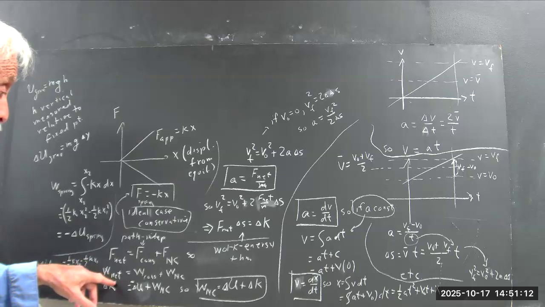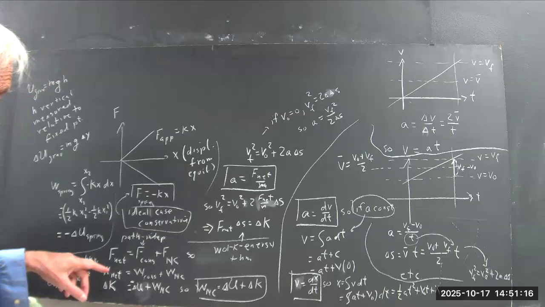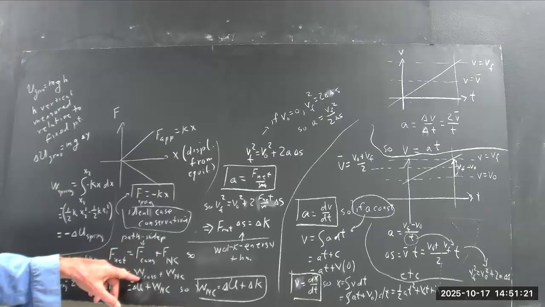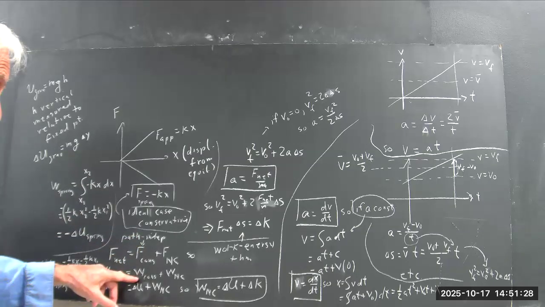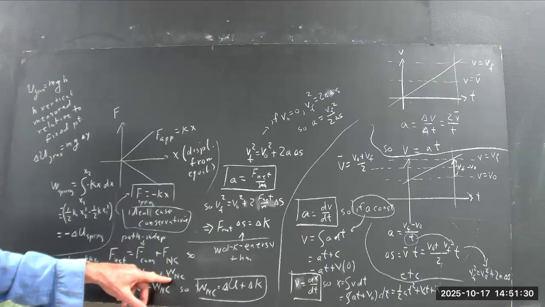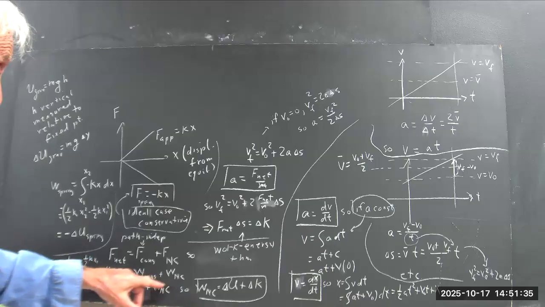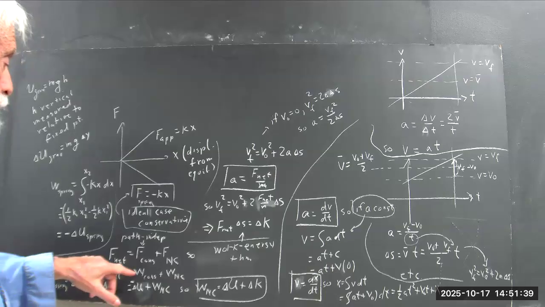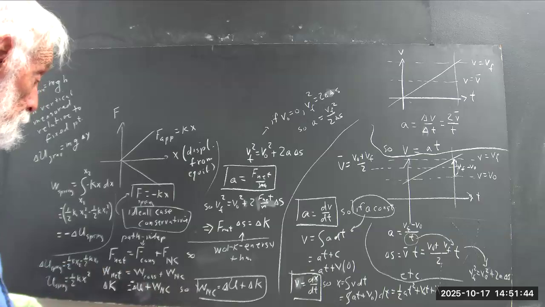So the work done by the net force, which is what you get when you multiply the net force by your displacement, is the work done by the conservative force plus the work done by the non-conservative force.